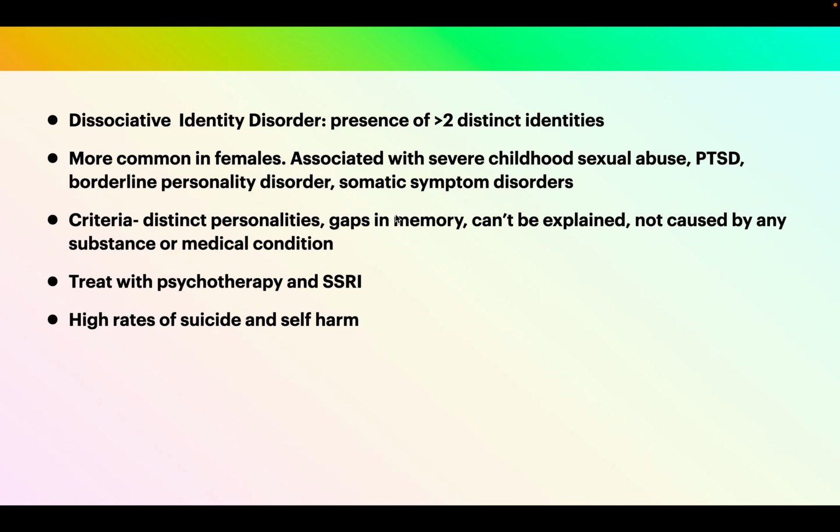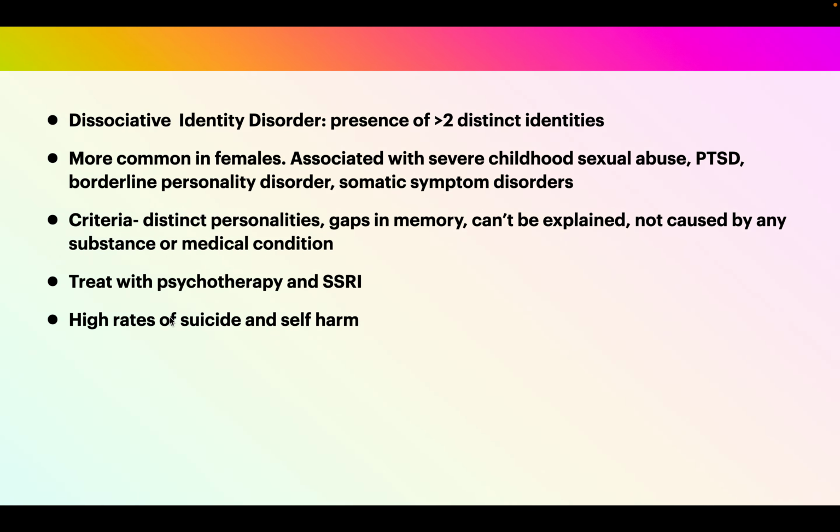That is also super difficult to treat because you have to be aware of the other differential diagnosis. So could this be retrograde amnesia? Could this be due to some kind of trauma, drug use, alcohol use? It's very hard to diagnose this. So you can only treat with psychotherapy and an SSRI to relieve the anxiety.